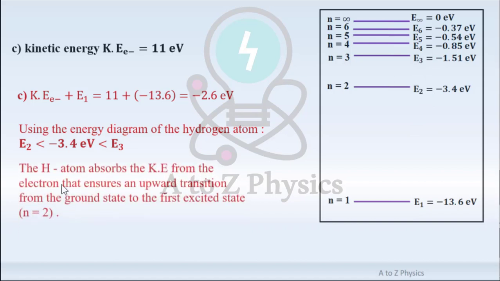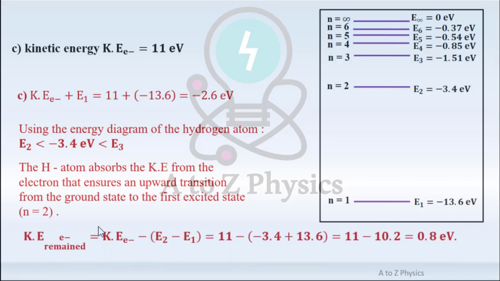So in this case, the hydrogen atom absorbs the kinetic energy from the electron that ensures an upward transition from the ground state to the first excited state, and the remaining kinetic energy of the electron will be equal to the initial kinetic energy minus the energy needed to make a transition from E1 to E2, which is equal to 11 minus 10.2 equals 0.8 electron volt.